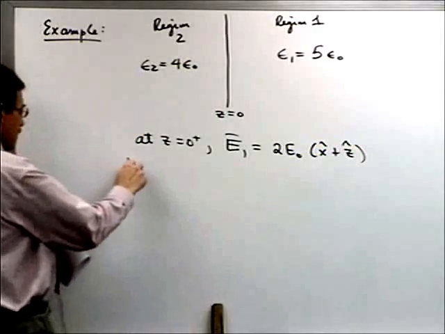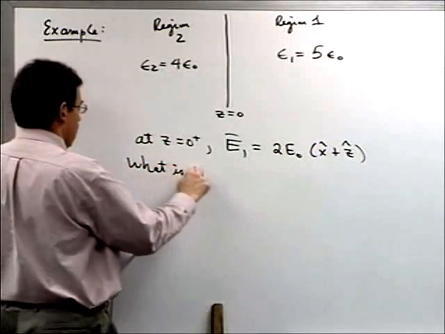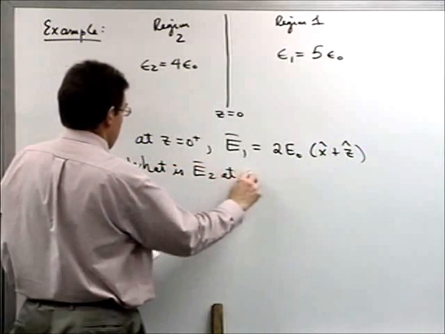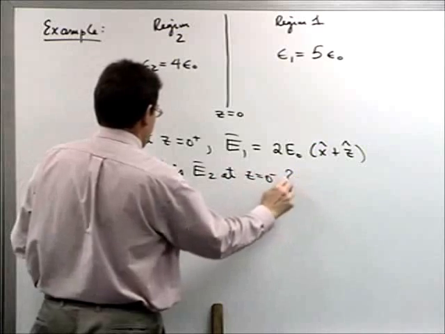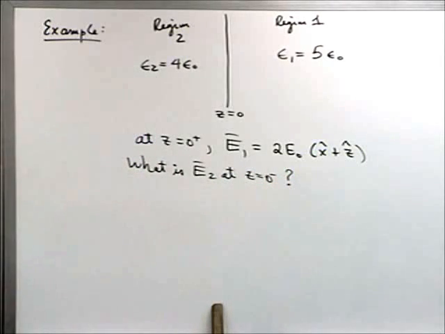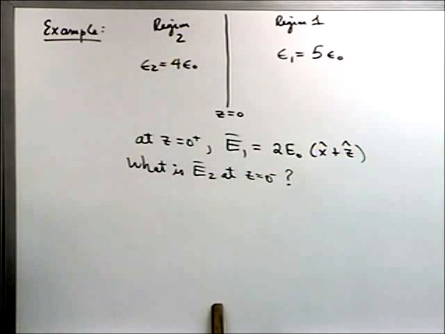And we'd like to know what is E2 at z equals 0 minus, just to the other side of the interface. Okay, how should we proceed to answer that question?